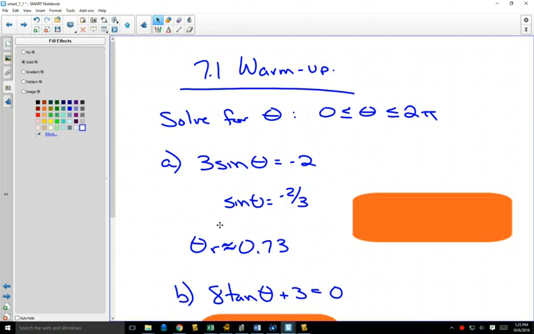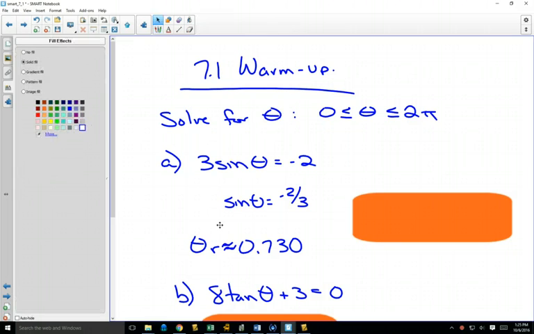Divide by 3, you get your reference angle as 0.73. When you're rounding, it's good practice to start using these approximation signs, as you need to really do that next year in your grade 12 course. And technically, another good thing to practice would be rounding to 3 significant figures.